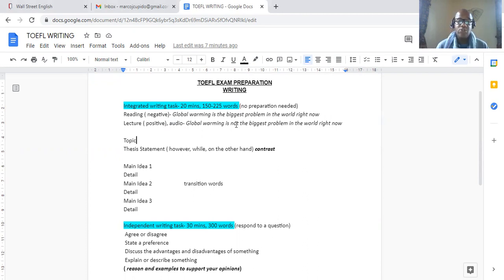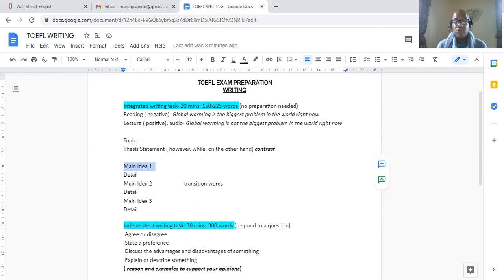Then what you need to do when you read that section, you need to identify what is the topic, and whilst reading, you need to identify at least three main ideas and one detail to substantiate or to just explain what your main idea is about.